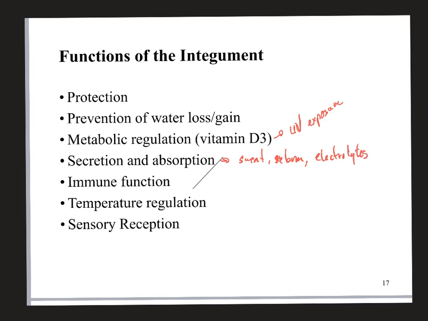The skin has a huge immune function. Many immune cells live in the dermis of the skin and help protect that barrier or reinforce the barrier that the skin provides. Temperature regulation, right? So we'll talk about vasodilation and vasoconstriction, which will move blood from tiny vessels in the skin, either to or away, depending upon whether we have to conserve or dissipate heat.